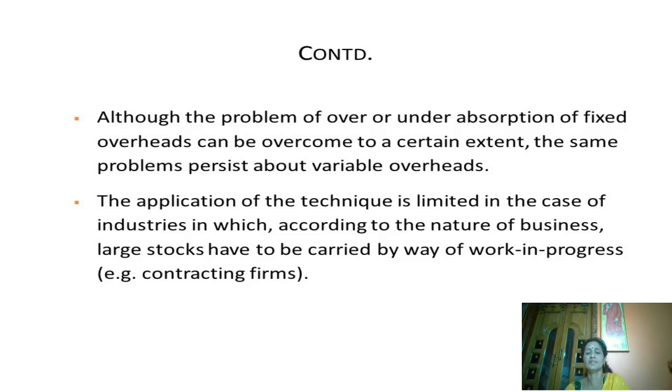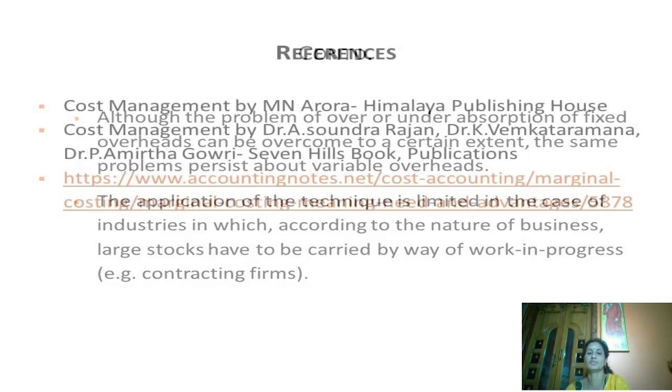So this is not taken into consideration. For example, contracting firms have a lot of work in progress, so it is carried forward for the next forthcoming year. In the particular year, work in progress also has to be considered, which is not at all taken into consideration in marginal costing.